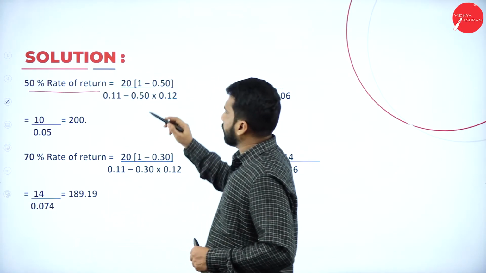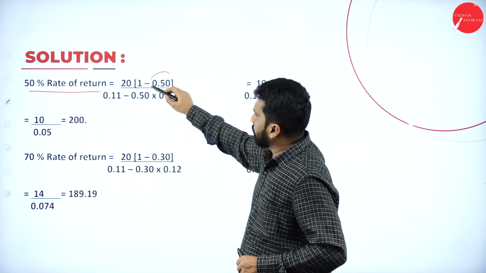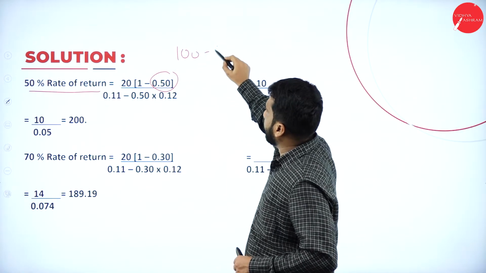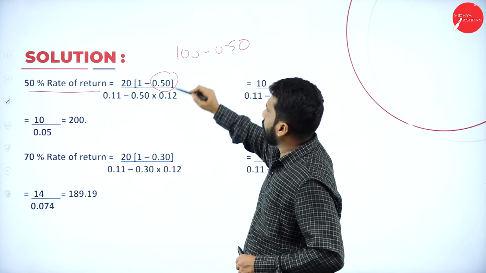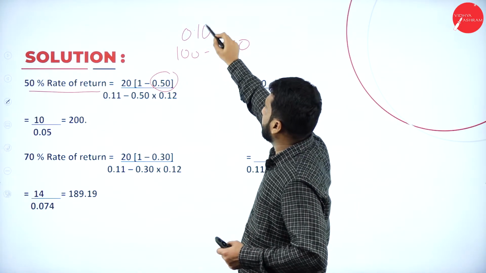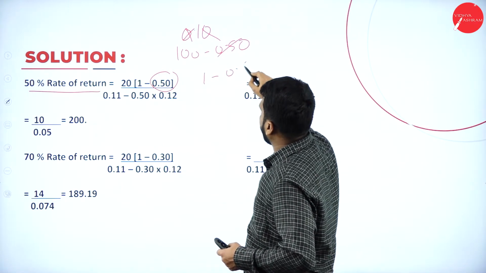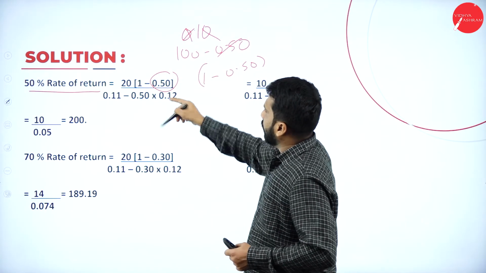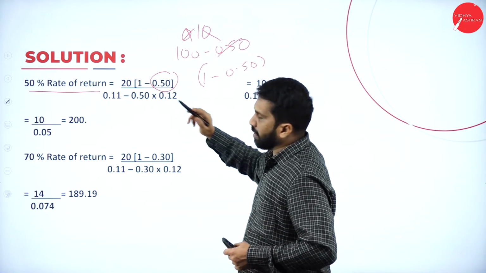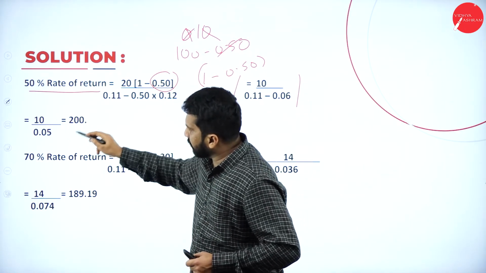50% payout. Just apply the formula. 50% means it will become what? 100 minus 50. It will be 0.50. 100 we also call it 1. 1 minus 0.50. After this calculation, simplify. Again simplify.